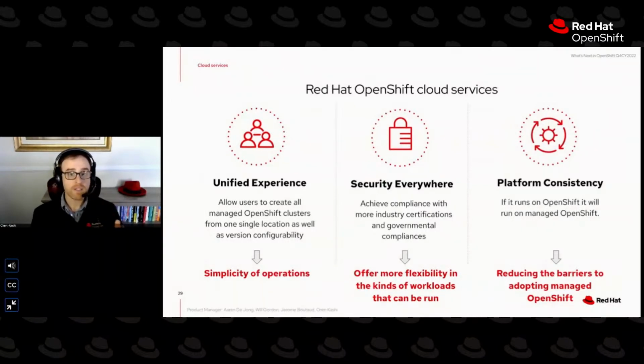We will soon have most of the managed clusters able to be created from OpenShift Cluster Manager, otherwise known as OCM. Both OSD and ROSA are already fully there. We're currently working on ARO, or Azure Red Hat OpenShift. For example, over the summer, a new UI was released for ROSA. And towards the end of this year, we will begin further integrating ARO into that.